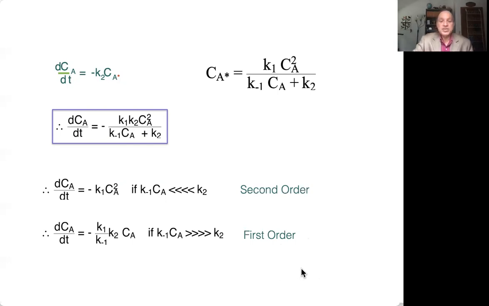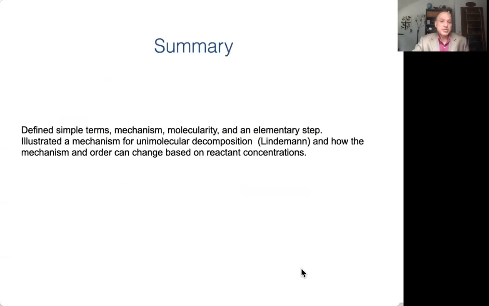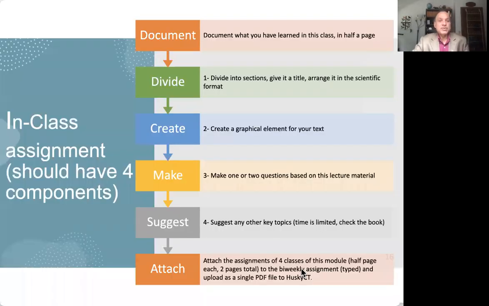So this is a very interesting way you can manipulate how you want to run this reaction. So in summary, we looked at a simple bimolecular looking Lindemann mechanism. It's a unimolecular decomposition reaction, but it involves collision between two molecules to give rise to the product. And so we made a composite rate expression, and this is valid for a whole bunch of different things.